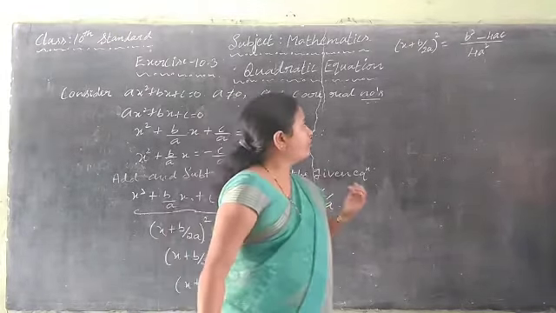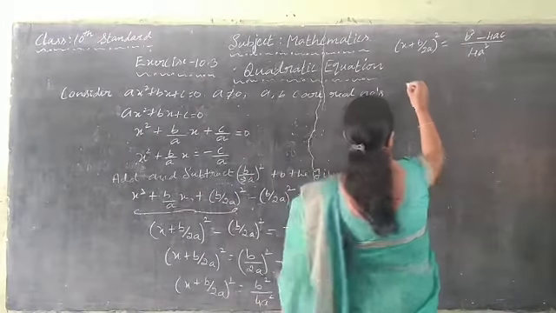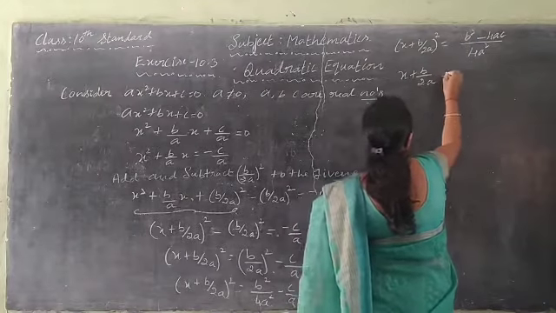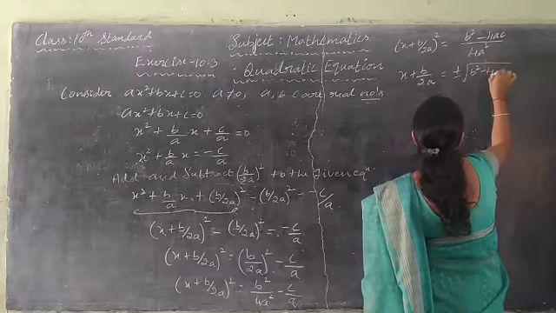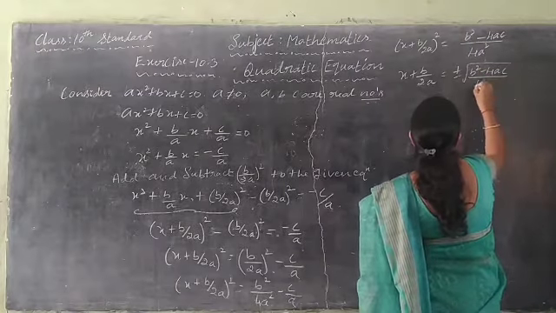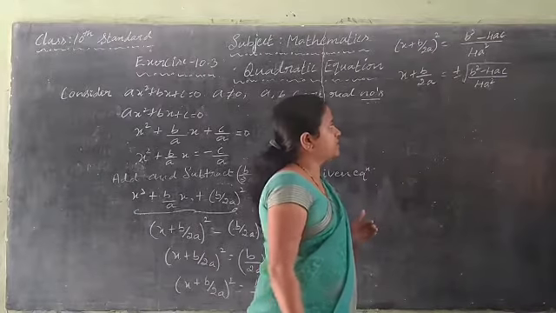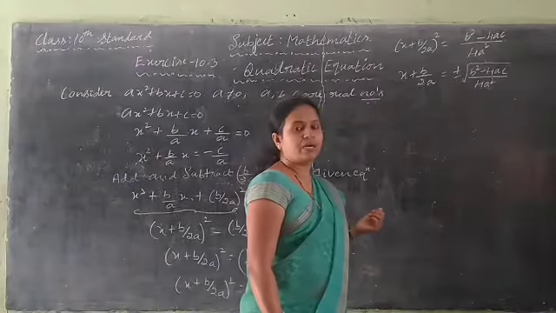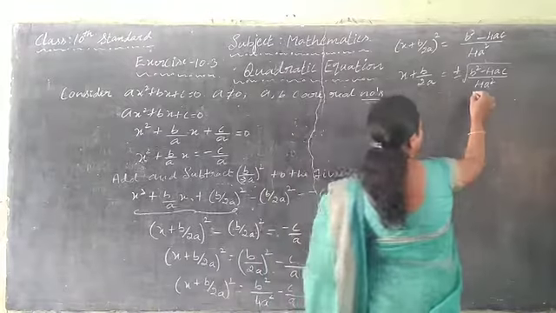Now what we are going to do is transfer the square, children. So x + b/2a equals plus or minus the square root of (b² − 4ac)/4a². When you transfer the root to the right-hand side, you get plus or minus the square root of b² − 4ac divided by 4a².